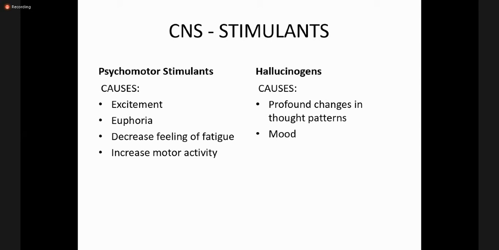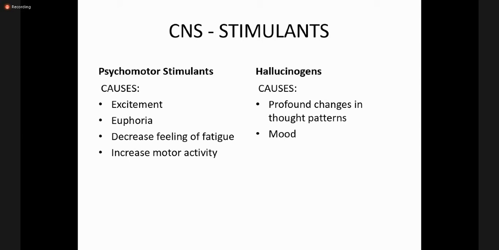So dependence, this is called drug addiction, right? It develops due to these characteristic features, to gaining all these anticipated effects. A time comes when the patient may be totally dependent on that drug.